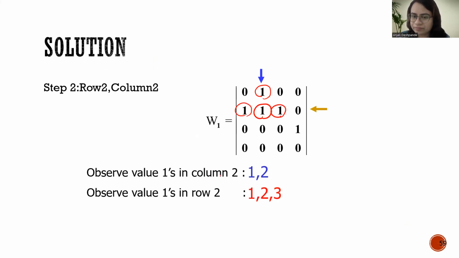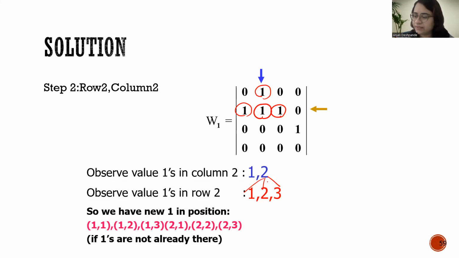So write it down and then form pairs of position in column and position in row. So 1 with 1, 1 with 2, 1 with 3. Then 2 with 1, 2 with 2, 2 with 3. So now you will obtain these tuples. So you have to mark the position as 1 if it is already not 1.